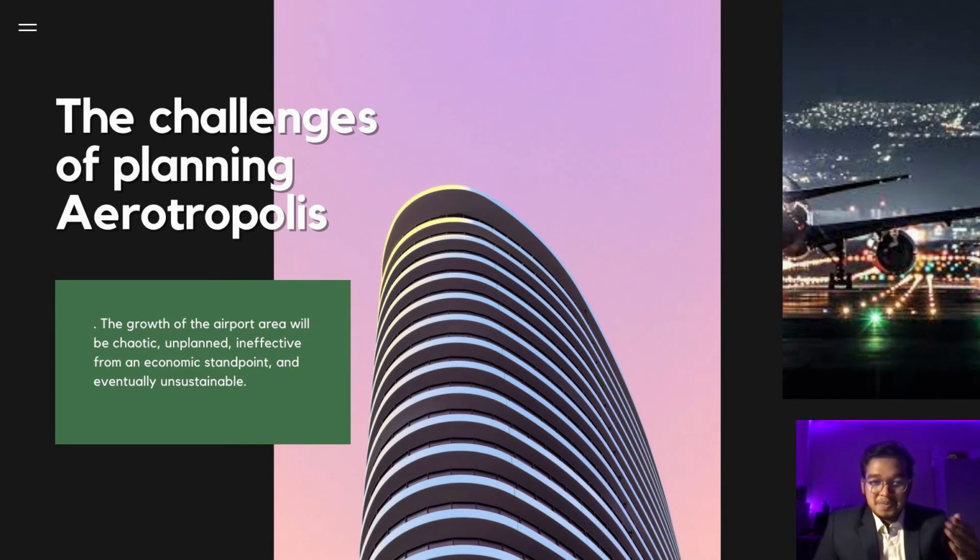The Aerotropolis is made up of the airport-based multimodal commercial core, outlying corridors and clusters of firms with a connection to aviation, as well as mixed-use commercial and residential complexes that benefit from one another by being close to the airport, of course. So the planning of an Aerotropolis is a real challenge, I would say, and the growth of the airport area will be chaotic, unplanned, and ineffective from an economic standpoint, and eventually it will be unsustainable.